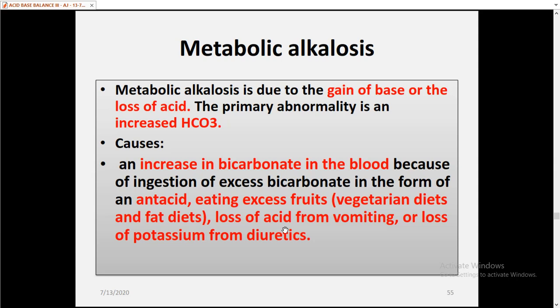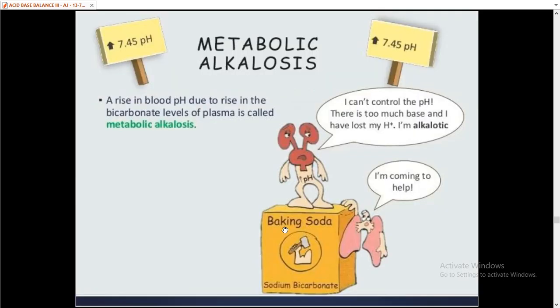Loss of acid from vomiting or loss of potassium from diuretics. So in metabolic alkalosis, there is a rise in blood pH due to rise in bicarbonate levels.